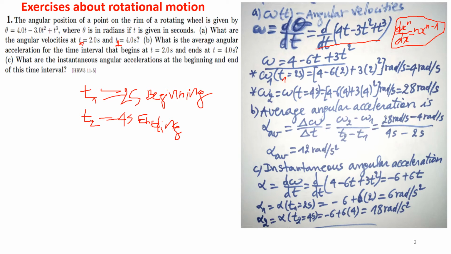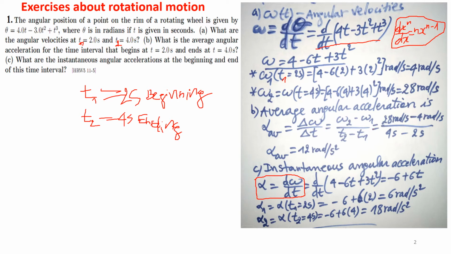By definition, the instantaneous angular acceleration is given by alpha equals the first derivative of angular velocity with respect to the time, which is equal to the first derivative with respect to the time of the expression that we have found here, omega equals 4 minus 6t plus 3 times t squared.